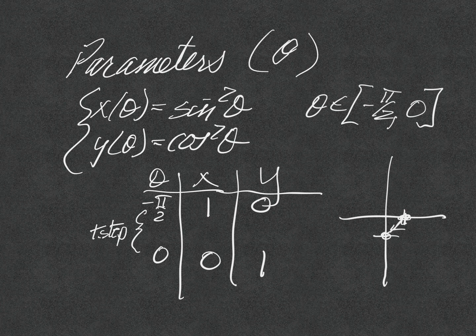So let's go from negative pi over 2 to 0, but let's put one more. Let's put negative pi over 4, which is halfway between those two. So then x, sine of negative pi over 4, is going to be negative square root of 2 over 2, which when you square it is 2/4 or 1/2. So this is 1/2. And the cosine squared will be the same thing.